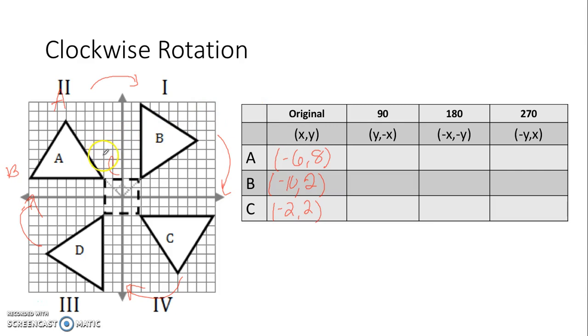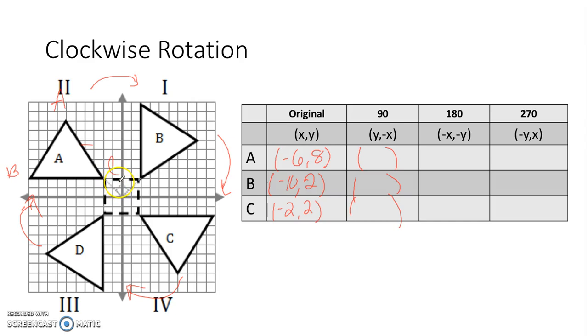If I want to rotate image A 90 degrees clockwise, it is going to be rotated to the first quadrant. I know that in the first quadrant both the x and y are positive, so keep that in mind as we decide what our next figure is.